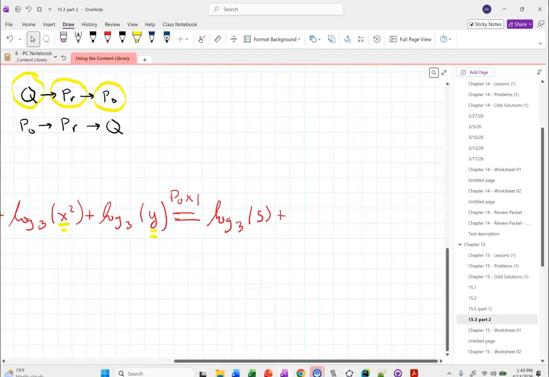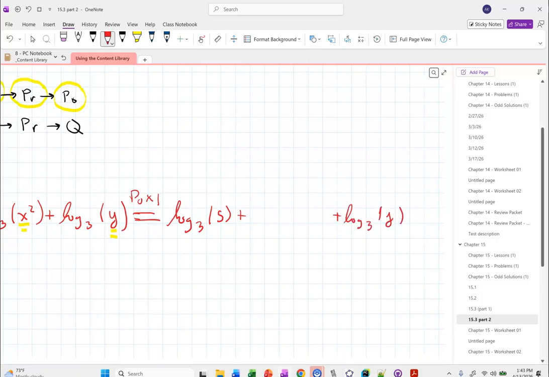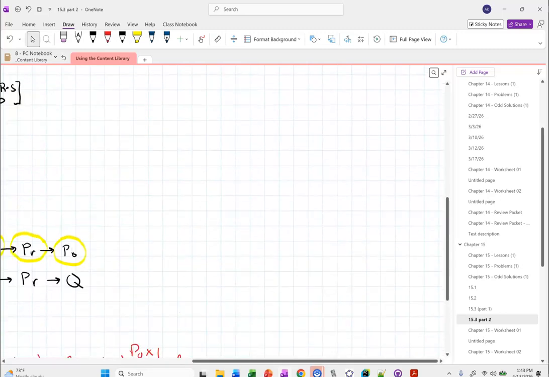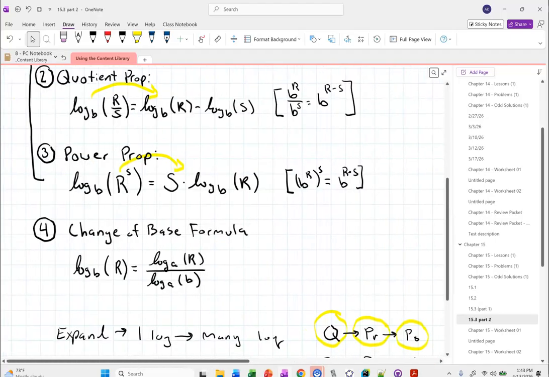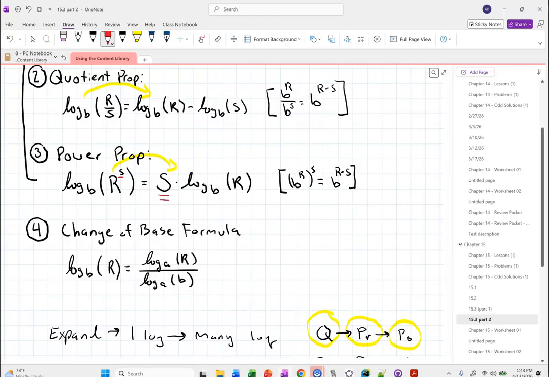So I'm going to leave a little space to write in that new part. But the other two pieces did not change, right? Everybody's okay? Just the part with the x squared is going to change. Let's go back and look at what the power property says that we need to do. It says that the exponent is going to turn into the coefficient.